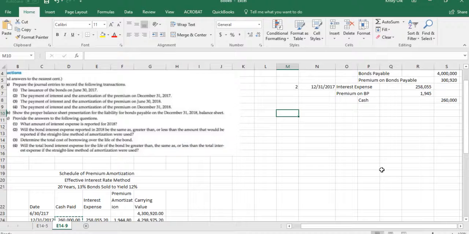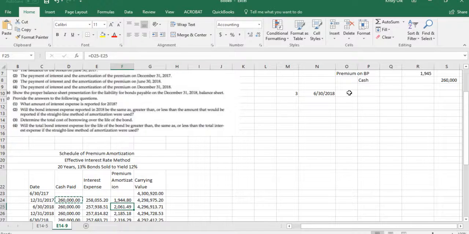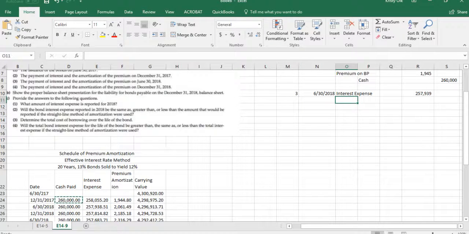We continue to move forward in the problem, and it talks about the payment of interest and the premium amortization on June 30th, 2018. So that's number 3. So now we're at June 30th, 2018. Let's just come down to June 30th. There's our interest expense. There's our premium amortization. So we have an interest expense of $257,938.51.